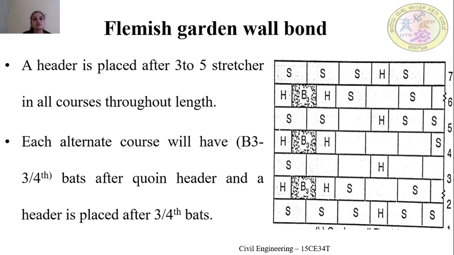The next type of garden wall bond is the Flemish garden wall bond. We know what Flemish bond is: in each course, alternate header and stretcher are placed. Similarly, for Flemish garden wall bond, look at this picture. Here in the first course, 3 stretchers have been placed, and after the 3 stretchers, 1 header has been placed.